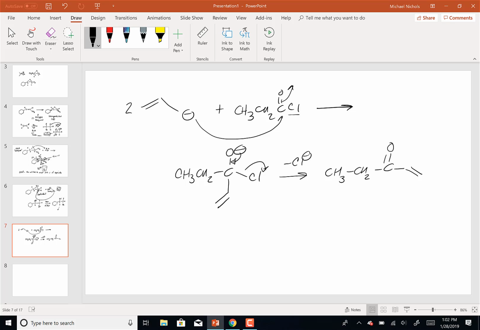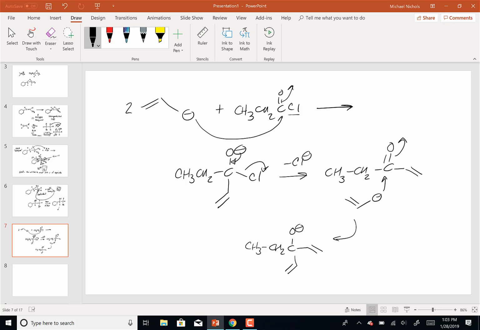The problem here being that once I make the ketone, I'm now going to add a second equivalent of Grignard to that ketone, so that the final alkoxide is going to have two of the same Grignard groups added to the carbonyl.